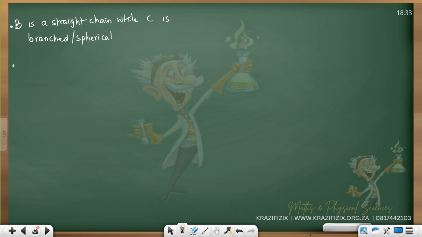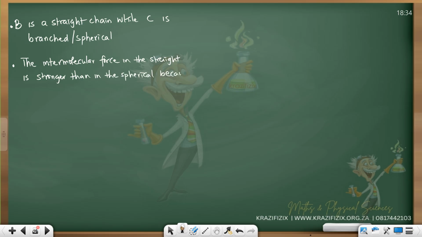So we can say the intermolecular force in the straight chain is stronger than in the spherical. If you want to add, because of the branches, right? What's next?